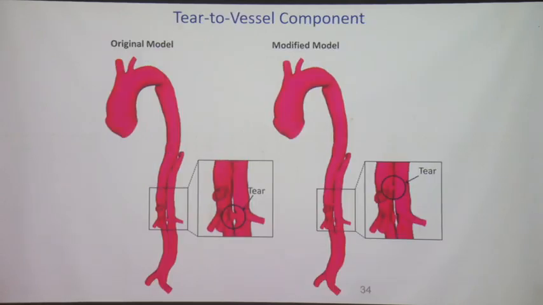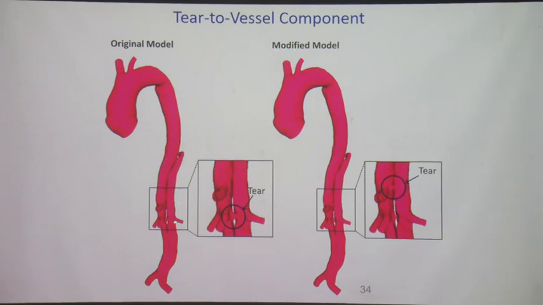And there is one parameter that we found that could be quite interesting and might affect false lumen thrombosis, what is known as tear to vessel component. So this term was actually proposed by my student Claudia. So she just named it as a tear to vessel component.